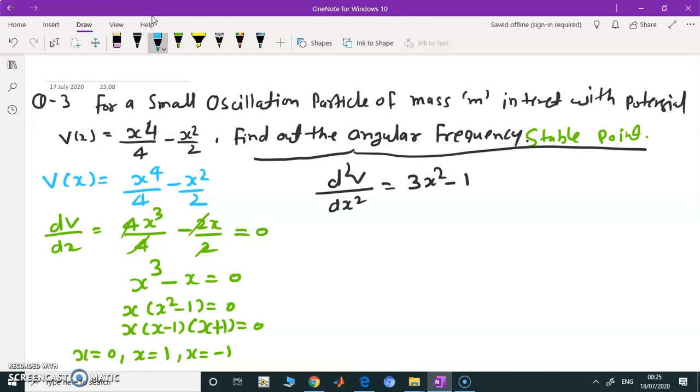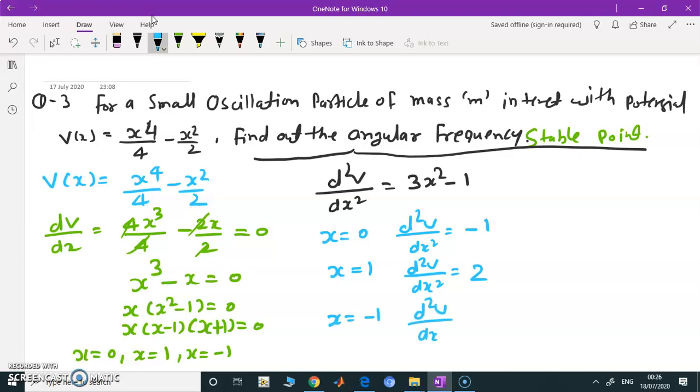Now if we put x one by one, suppose x is equal to 0, d square v upon dx square will be minus 1. If I put x is equal to 1, this will be 3 minus 1, 2. If I put x is equal to minus 1, again d square v by dx square is equal to 2 because it is a square.